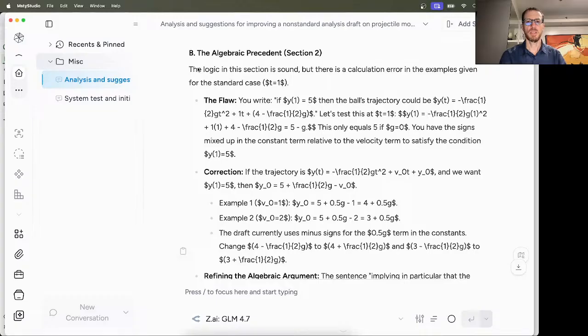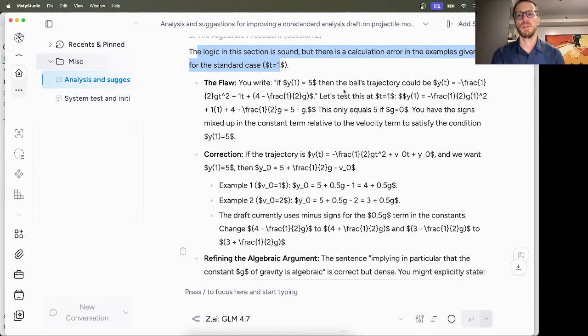The algebraic precedent. The logic in this section is sound, but there's a calculation error in the examples given for the standard case t equals 1. Flaw. You write, if y of 1 equals 5, then the ball's trajectory could be y of t equals minus 1/2 gt squared plus 1t plus 4 minus 1/2 g. Let's test this at t equals 1. y of 1 equals 5 minus g.